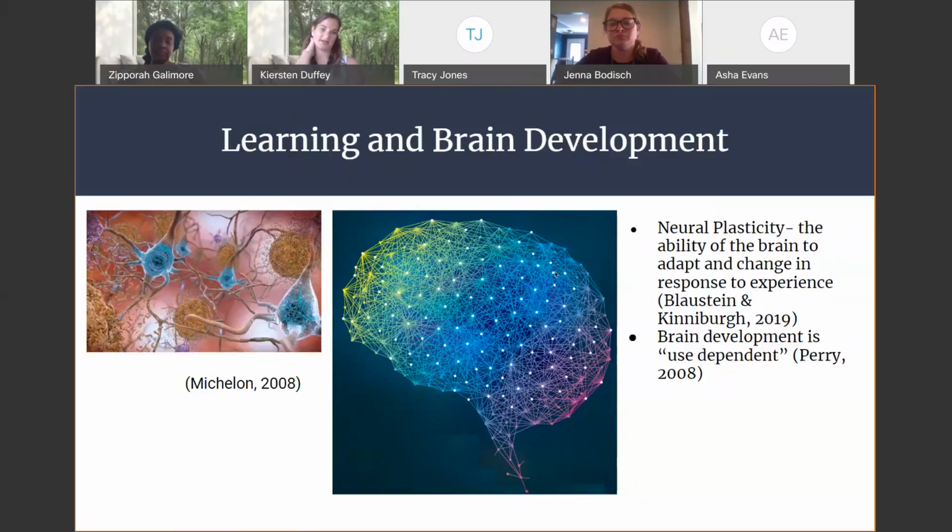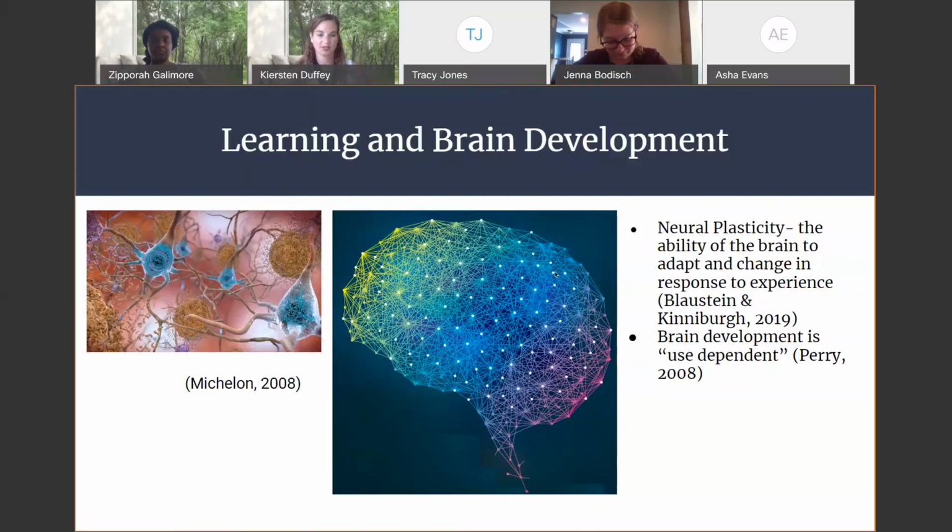And due to neuroplasticity, brain development is use dependent. So the brain develops in response to repeated input or patterns. When something is repeatedly experienced, the brain strengthens neural connections so that the brain's access to them is easier and faster. This concept applies to the experience of traumatic stress and traumatic stress response.